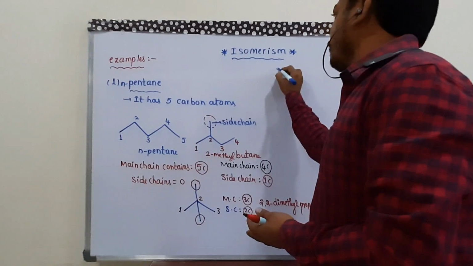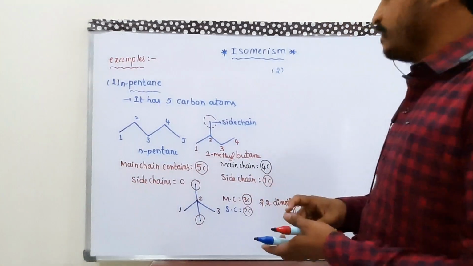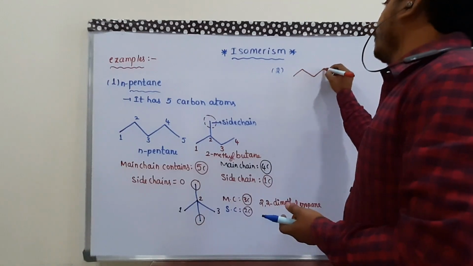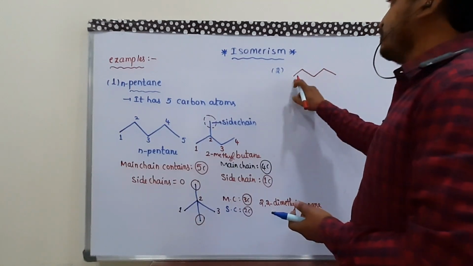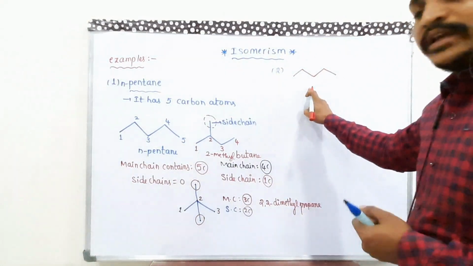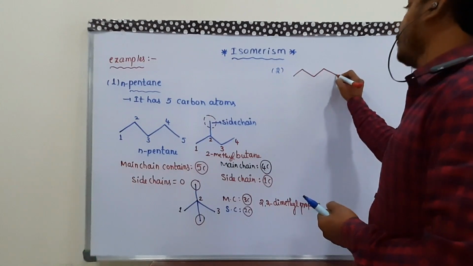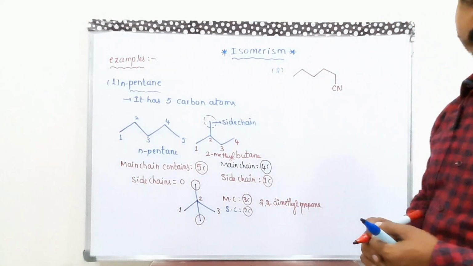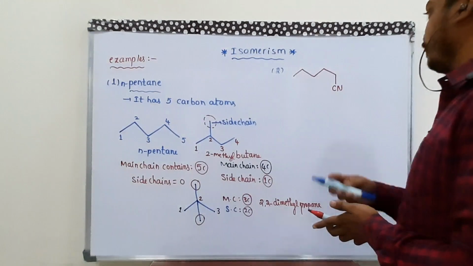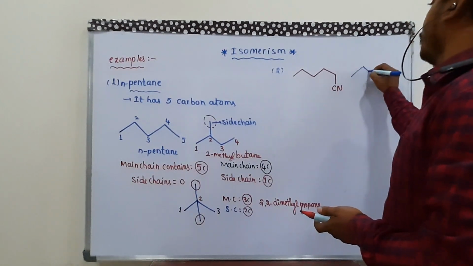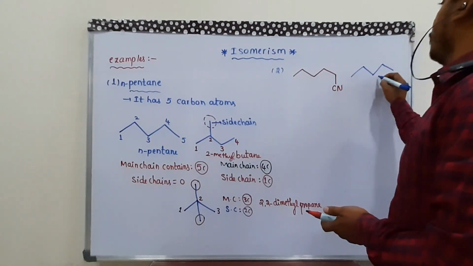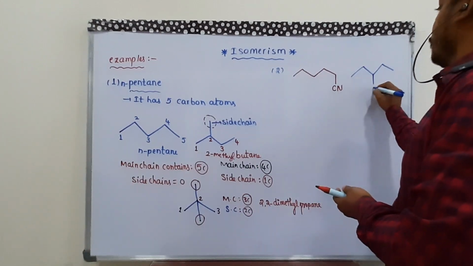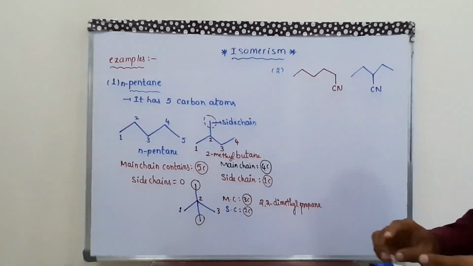So what is the second example I am taking? This one has 5 carbon atoms in the given chain. Next I am taking one like this. It has CN.